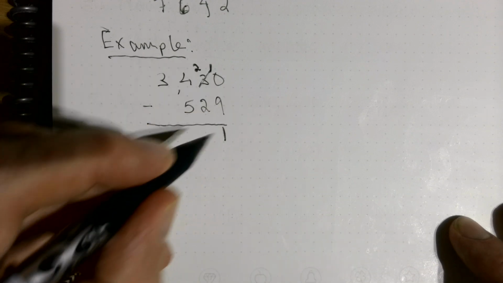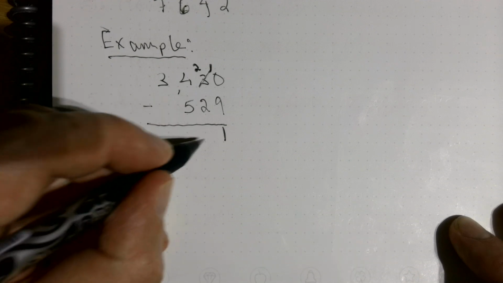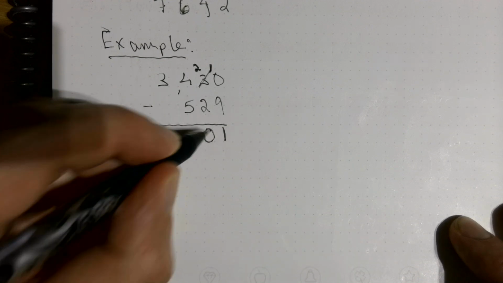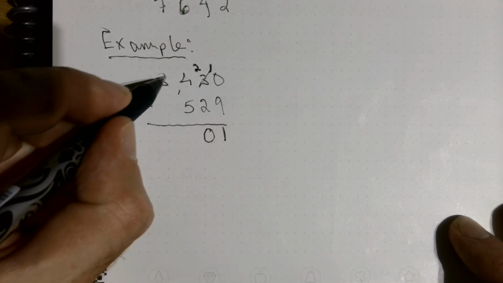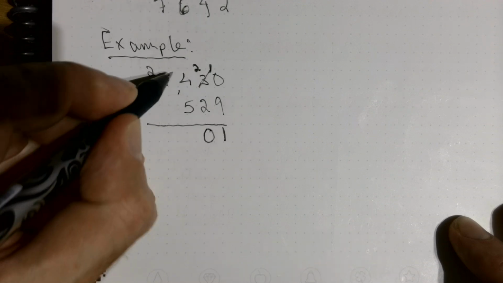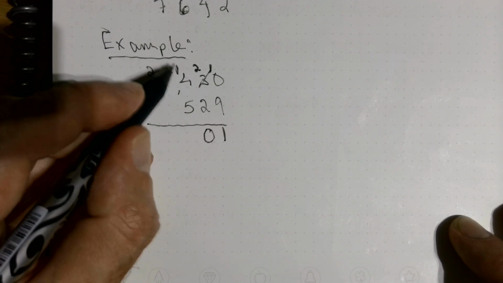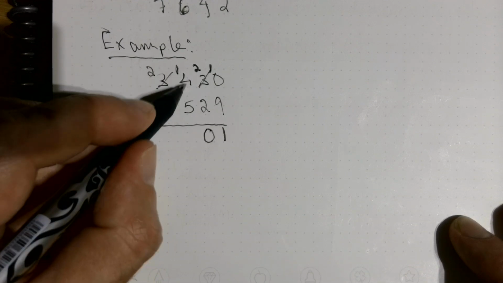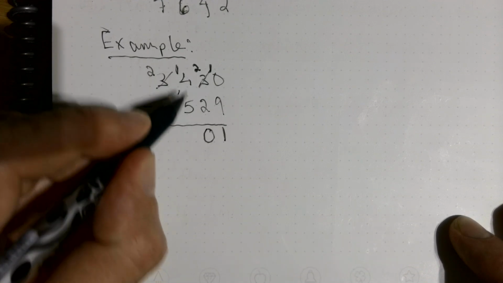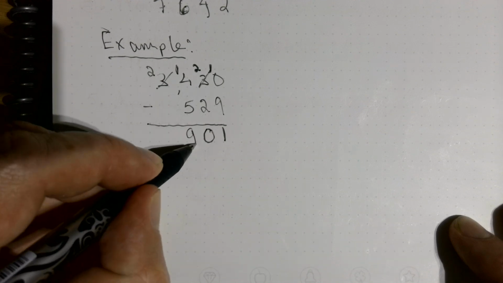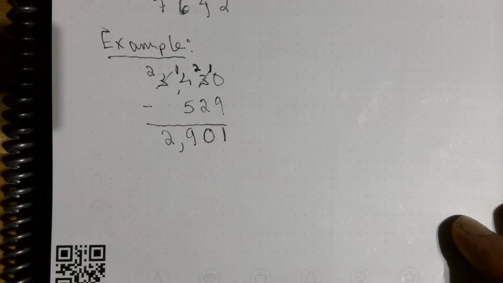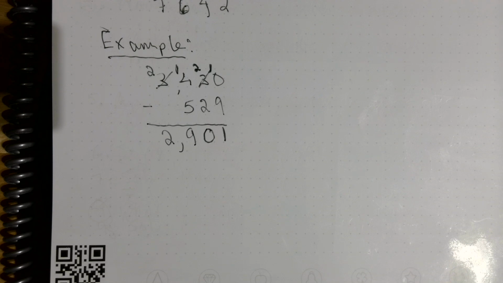I can take away 9, leaves me with a 1. 2 take away 2 leaves me with nothing, 0. 4 take away 5, can't do it. So I cash in one of my thousands to get 10 of these. So I have 14 now in the hundreds place, at least temporarily. 14 take away 5, you get 9. So I have 2,901 for my answer.